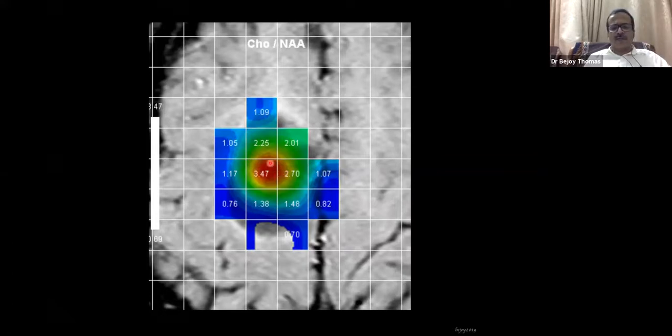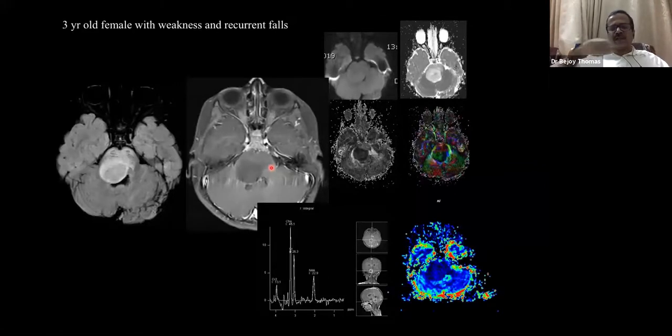We have actually done a study where the surgeon took biopsies from the contrast enhancing lesions versus high choline NAA ratio lesions, and we found a better yield of higher grade, positive results when looking at the choline NAA or choline creatine map. So having said that, spectroscopy has got its own use.